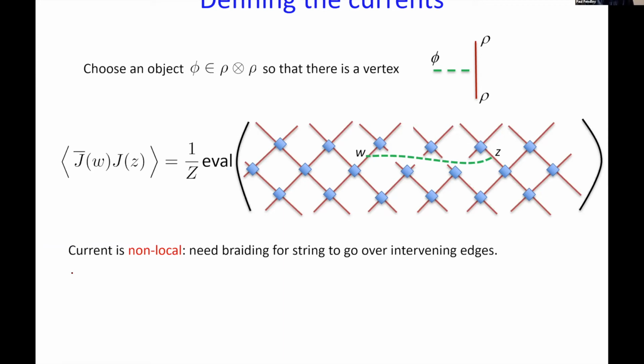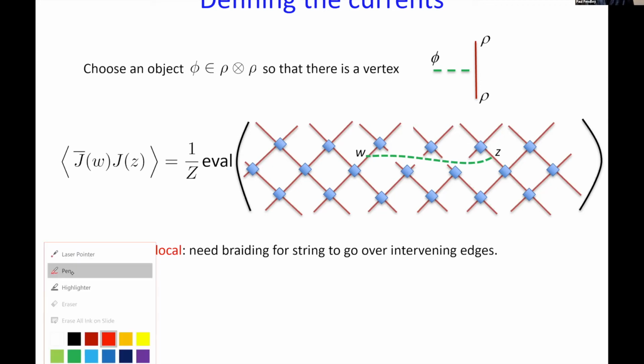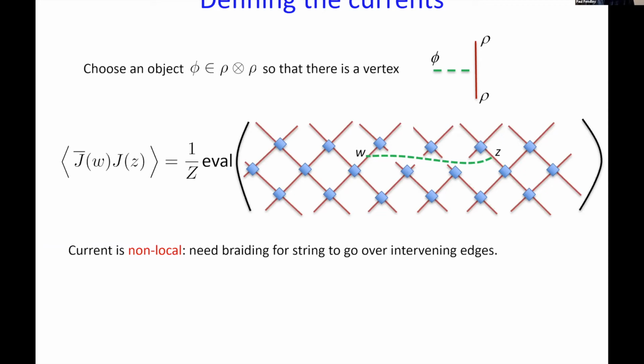So I've got the vertex here where the w is, and there's a location w, and there's a location z.